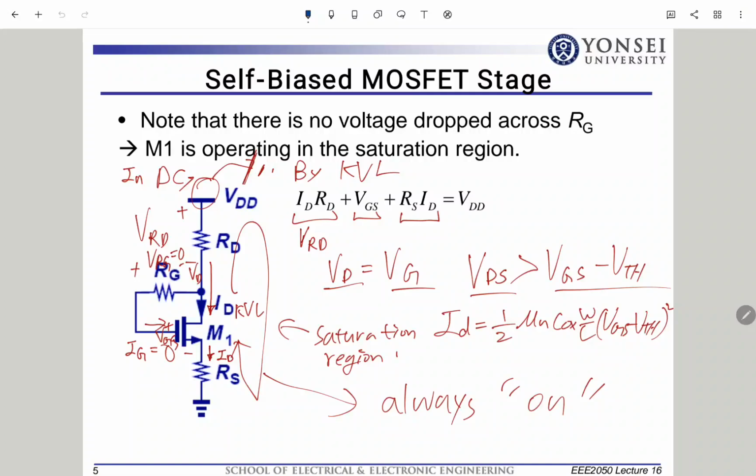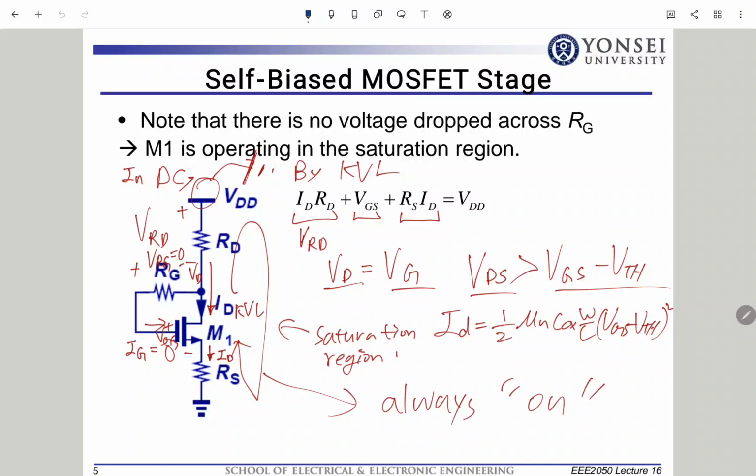Alright, let's get started. Last time we learned about the self-biased MOSFET stage. If we connect the gate side with the drain side with an RG resistor, this transistor configuration gives us the always-on property of the transistor.